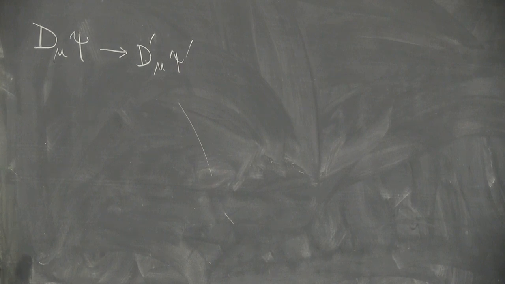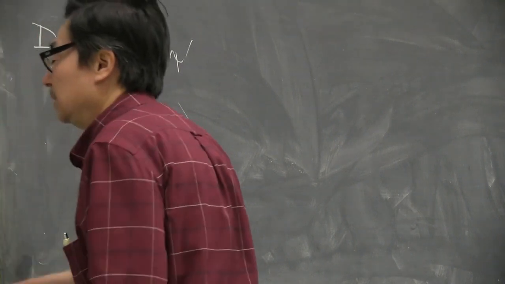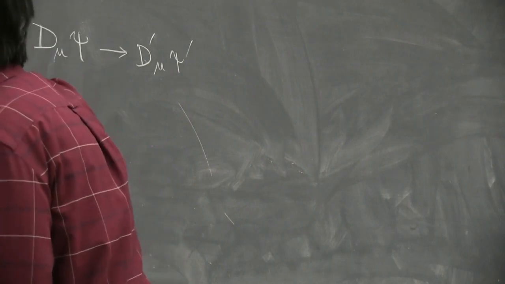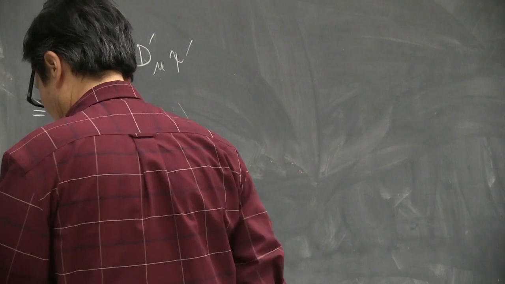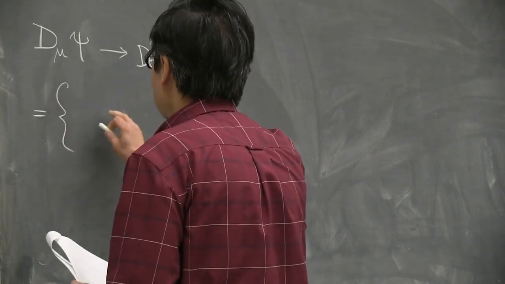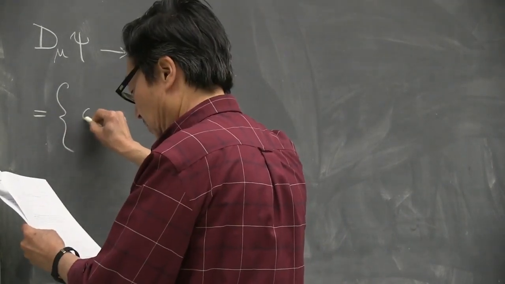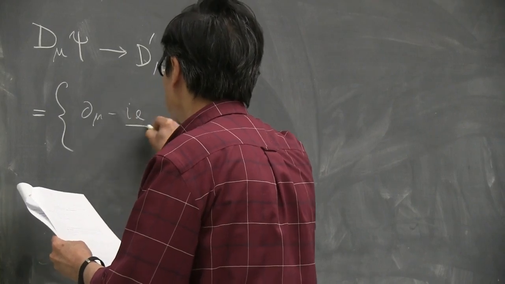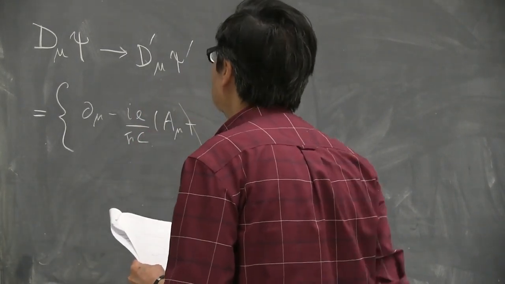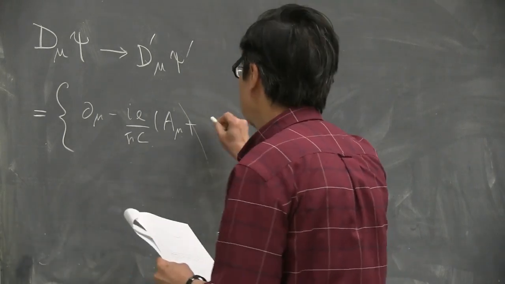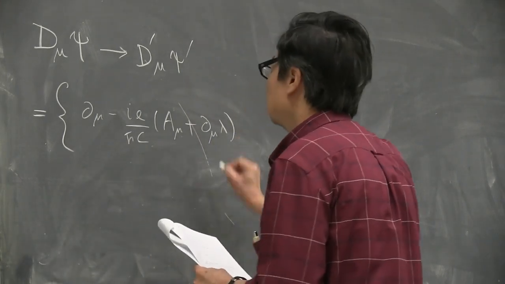This is very easy to figure out if you make the corresponding wave function gauge change. So let's work this out. D'_mu would be equal to partial_mu minus iE over h bar c times the new A, so it would be A_mu plus partial_mu lambda. That's a new guy.